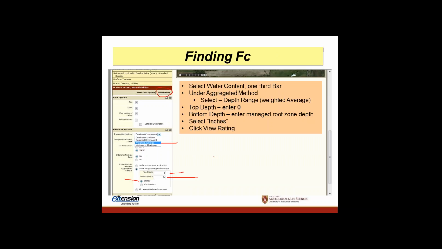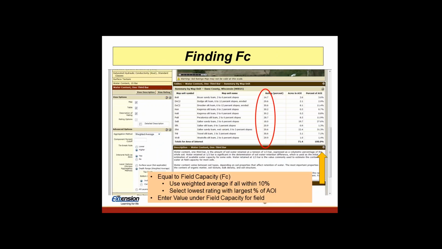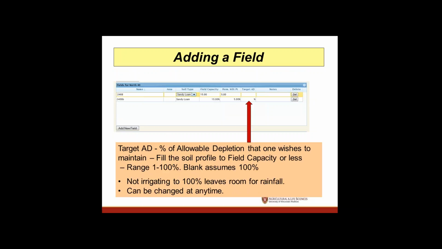Click on view rating, and it will give you a similar chart, and you'd go through again and do your averaging or select the largest or lowest depending on how you want to manage it. And then that field capacity number would get entered here.